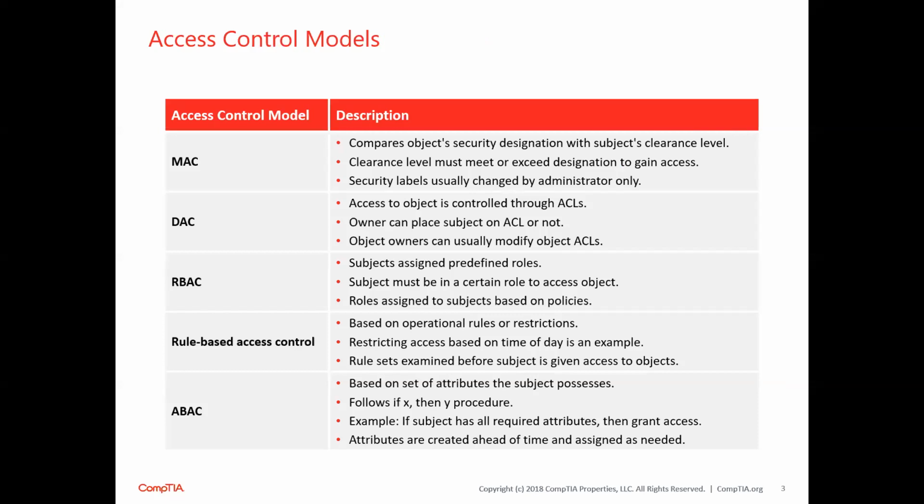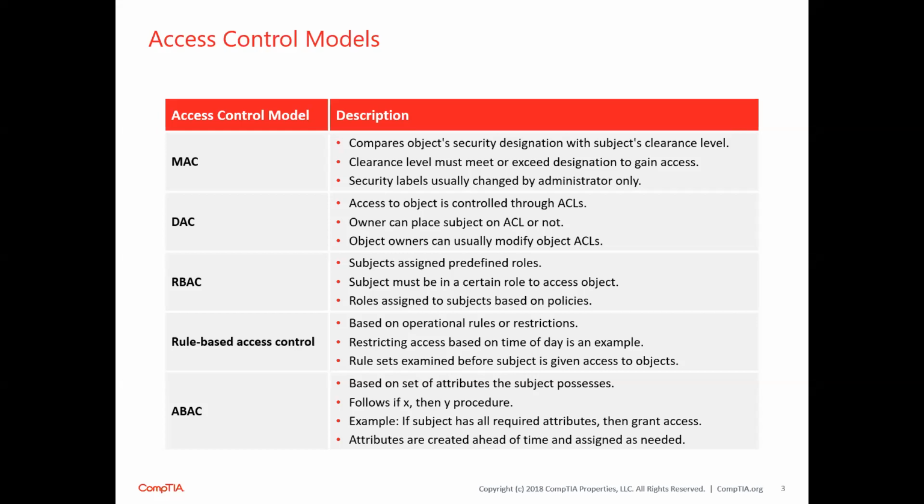So think about a confidential or top secret system, which only allows access based on the subject's clearance level, where the subject represents the user, as well as the object's security designation. For example, the object is a file or a specific document. So the clearance level must meet or exceed the designation to gain access.